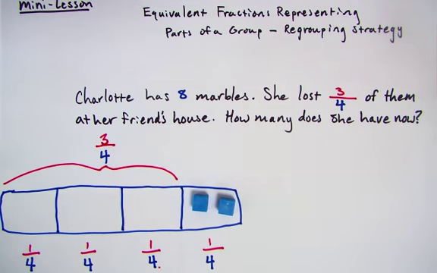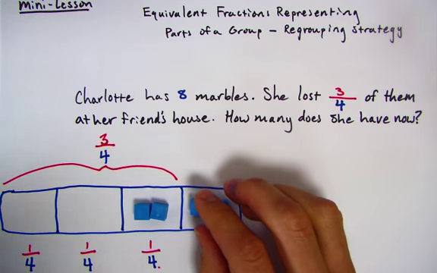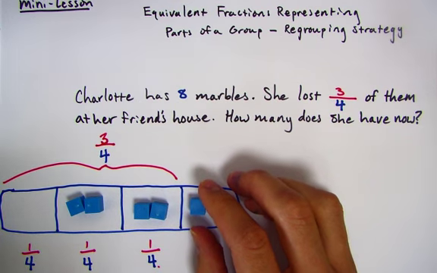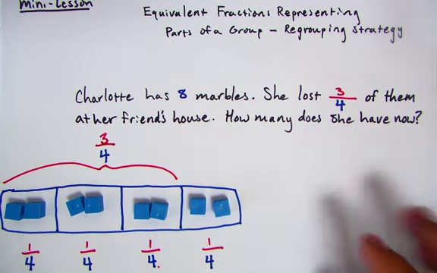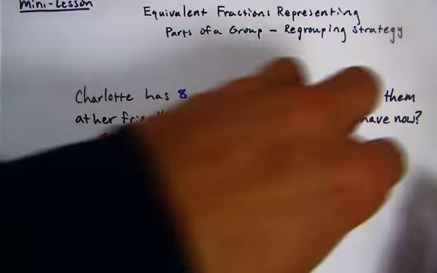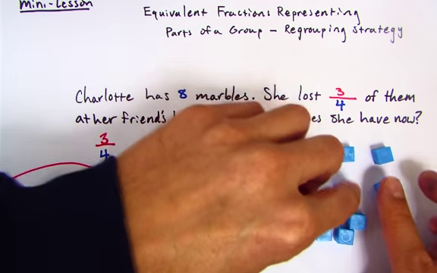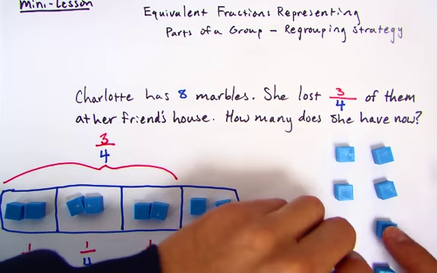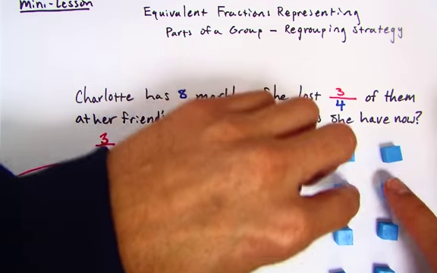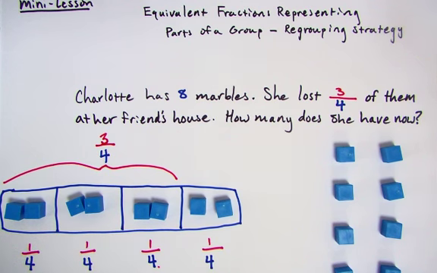Okay. So let's do this problem again, and I'm going to rearrange it differently. This time I'm going to make an array. Sometimes an array will help us, but it's sometimes difficult to make an array to solve problems that include fractions. So I have my 8 marbles here.